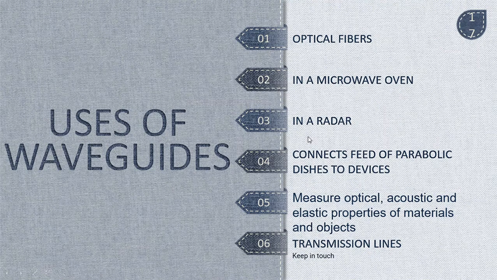The rectangular and circular waveguides are commonly used to connect feeds of parabolic dishes to their electronics, either low-noise receivers or power amplifier transmitters. Waveguides are used in scientific instruments to measure optical, acoustic, and elastic properties of materials and objects. Transmission lines are a specific type of waveguide.